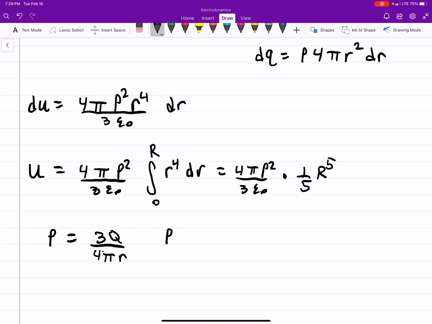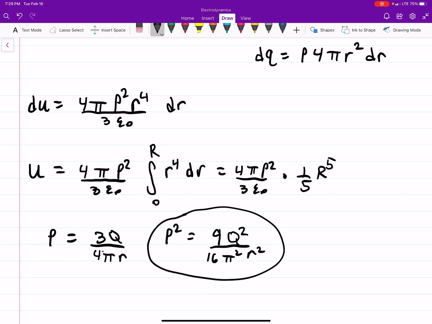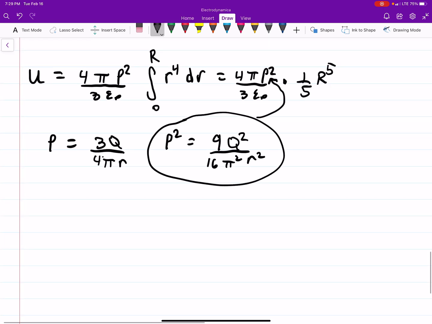So then rho squared is 9q squared over 16 pi squared r squared. So this is our rho squared, and we can plug that into here as such. And if you do that, you will get 3q squared over 20 pi epsilon naught r.